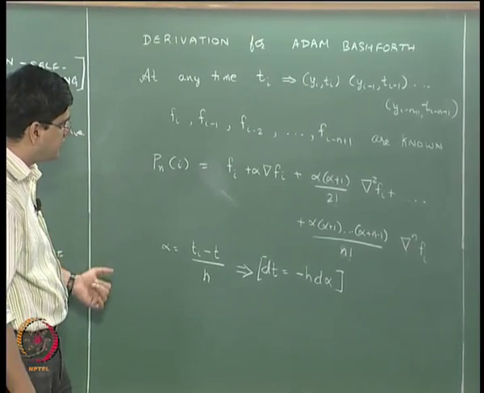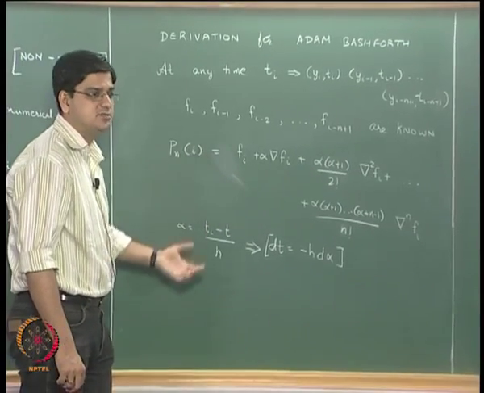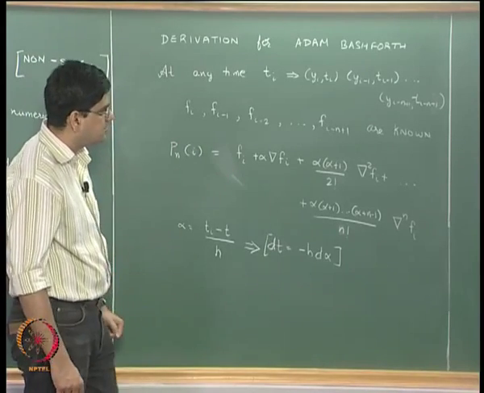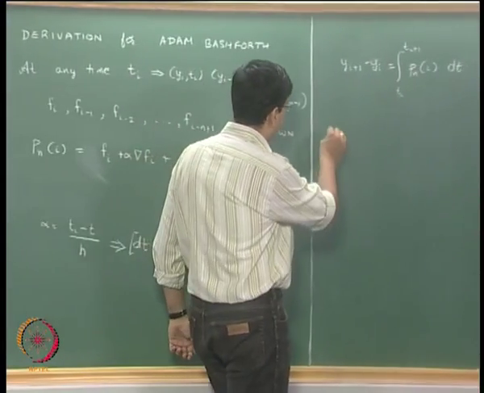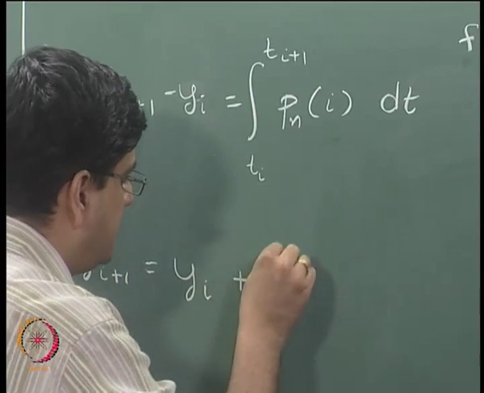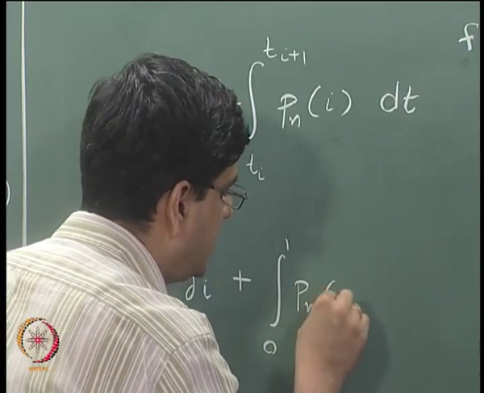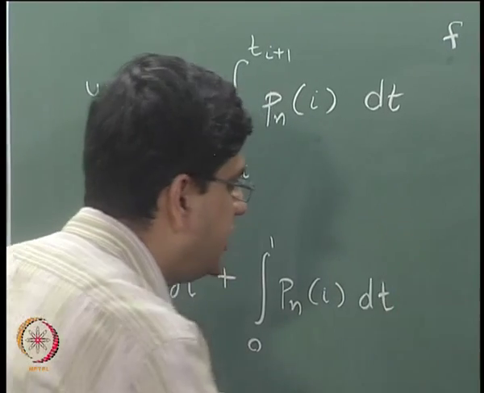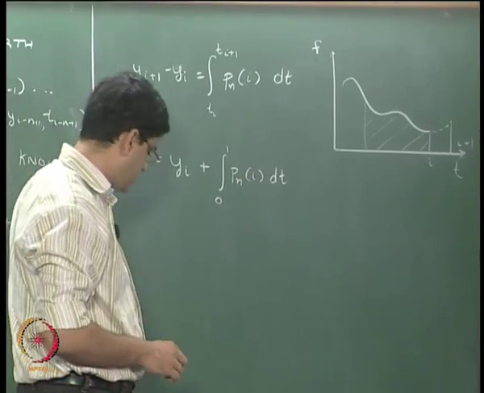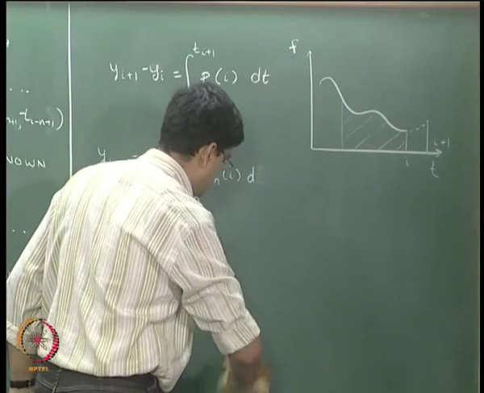So, the limits of integration are going to be from 0 to minus 1, and we can substitute alpha equal to minus alpha and redo and solve this particular derivation, and we will be able to get yi plus 1 equal to yi plus integral from 0 to 1 of Pn of I d alpha. No matter what value of n we choose, the limits of integration are going to remain from 0 to 1. I am sorry, this should not be t, it should actually be alpha.